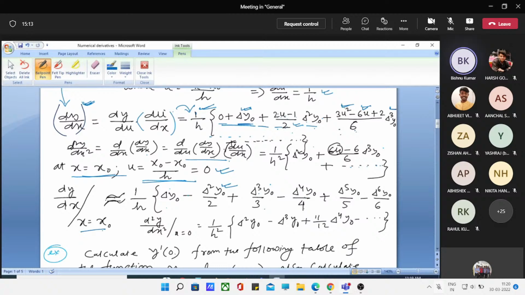Outside 1 by h means you just divide the overall expression by h, and all these elements are arranged as an alternating series, and every term is divided by the corresponding term value.